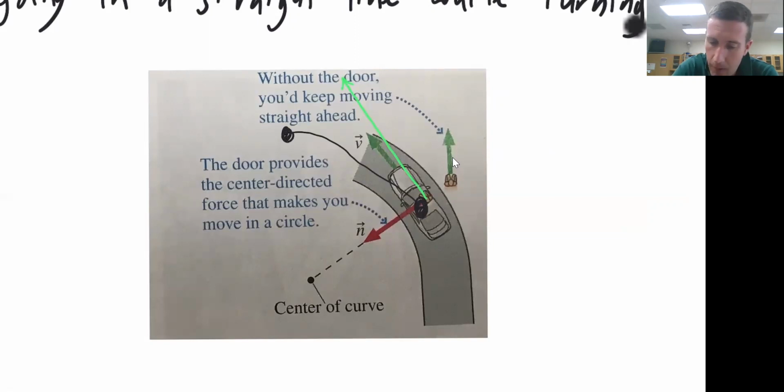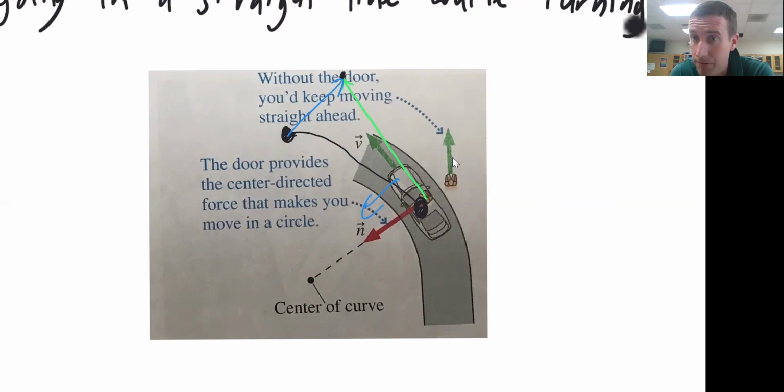So I want to be out here, but I'm actually over here. When I'm here, I have this feeling like I want to go out there, but there's no actual force there. The force is the real thing, and the real thing is the friction of the tires that is towards the center, right? We've established that a centripetal acceleration is the real force. So centrifugal force is that feeling.